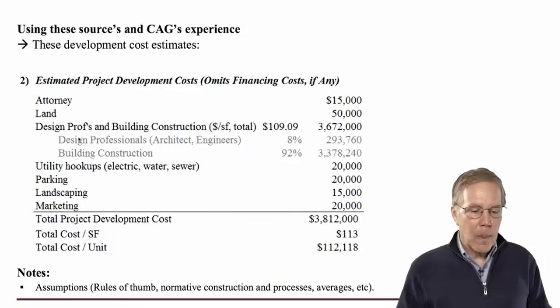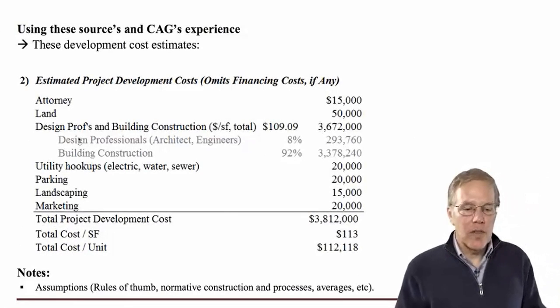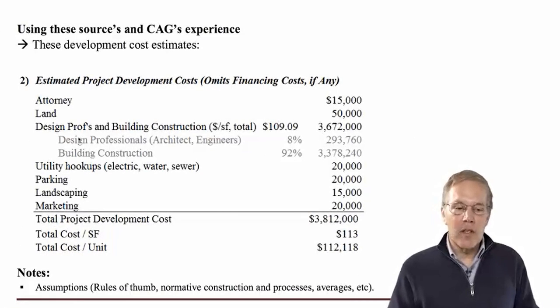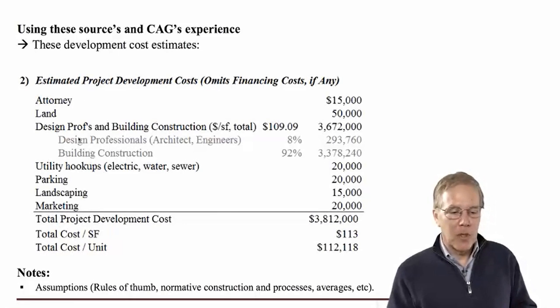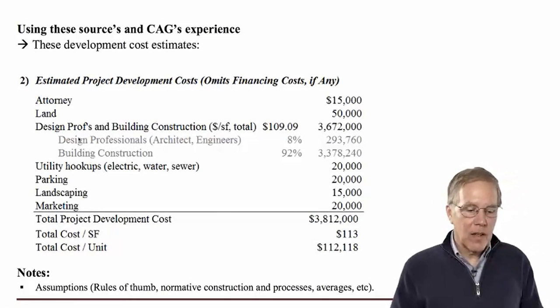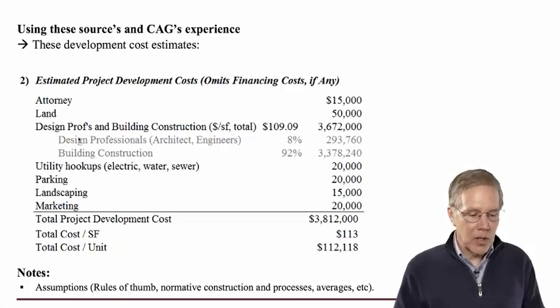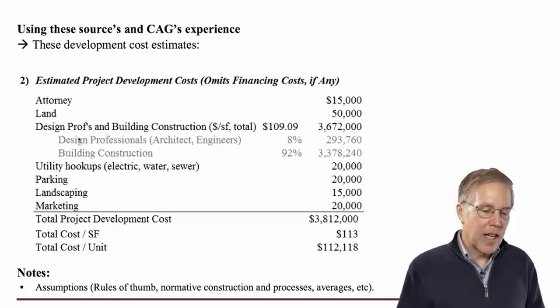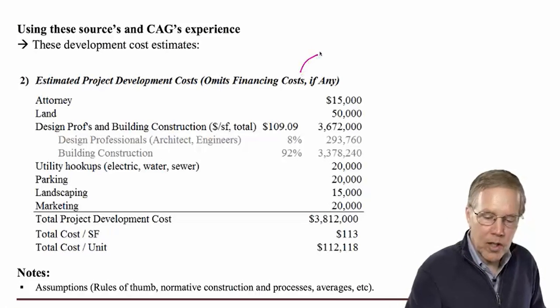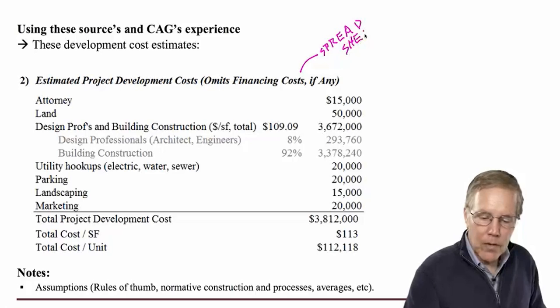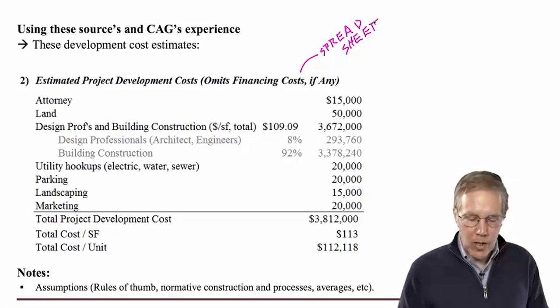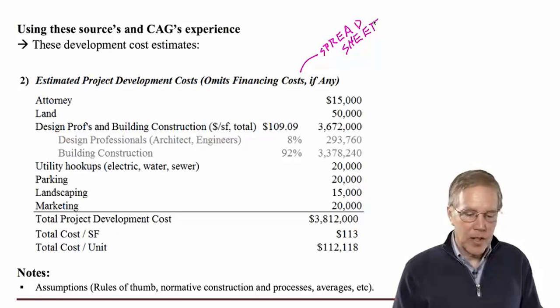Okay, so using the RS Means sources and our firm's own experience and hypothetically CAG's experience, we've developed this set of preliminary cost estimates for the project. And again, these are all in the spreadsheet, okay? So you're welcome to look at this material in detail on the spreadsheet.